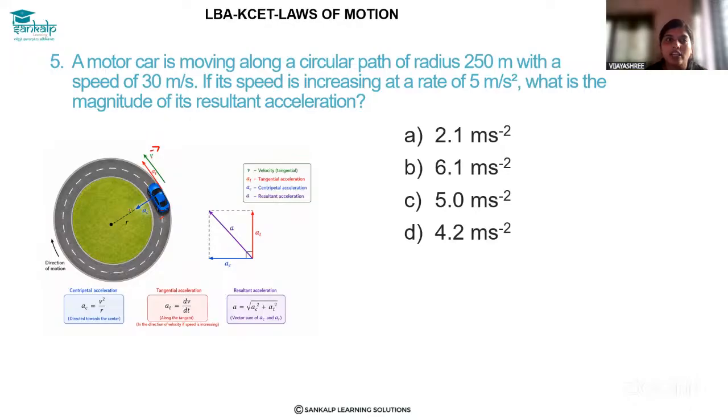Centripetal acceleration: its direction is along the radius and towards the center. Let us try to understand both accelerations. Centripetal acceleration changes the direction of the car. What is the role of this? It pulls the car into the curve.